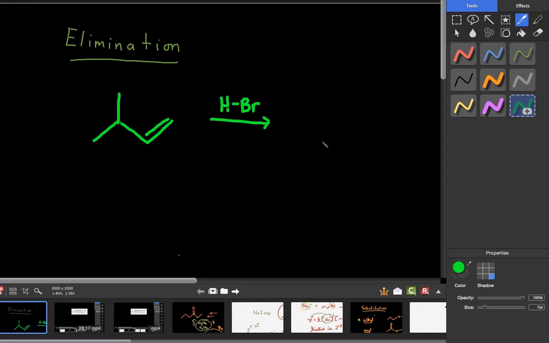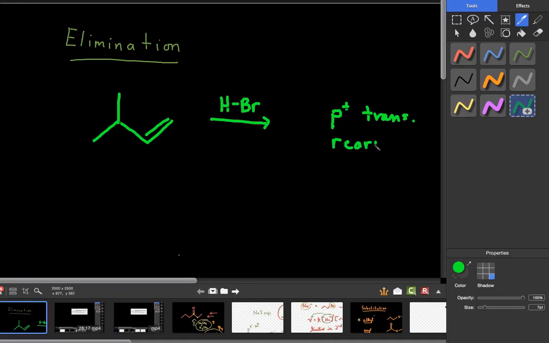So in the forward direction, this is an addition reaction. And so there are many mechanistic steps that are involved here. You first have a proton transfer. Of course, that's going to form a carbocation intermediate. Then you'll have a rearrangement.